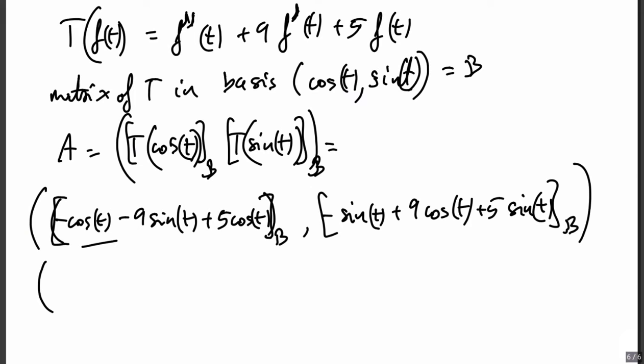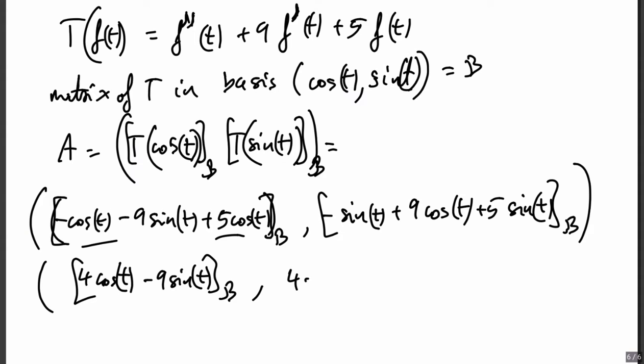Minus cosine plus 5 cosine, that's 4 cosine of t, minus 9 sine of t. Again, we will need this in the B basis. Then here we have 4 sine of t and 9 cosine of t, and this is in the B basis.